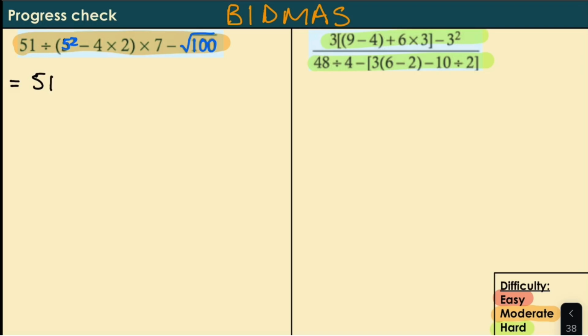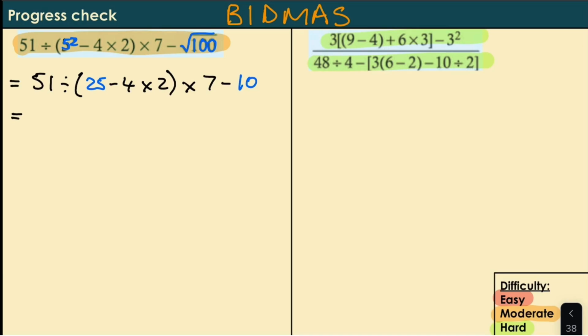So 5 squared is 25. Now the square root of 100 is 10. Next, we're going to work inside those brackets.